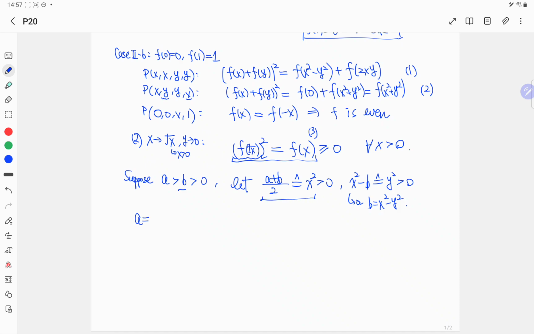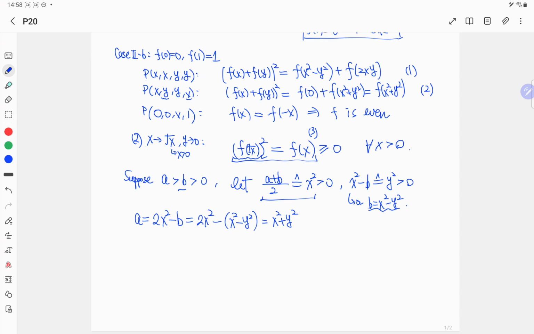So here we can try to solve a in terms of b. From this equation, we can have a equals 2x squared minus b. And then plugging in this equation, we have 2 times x squared minus (x squared minus y squared). So actually we have x squared plus y squared.